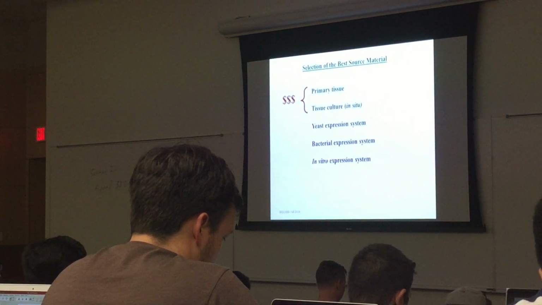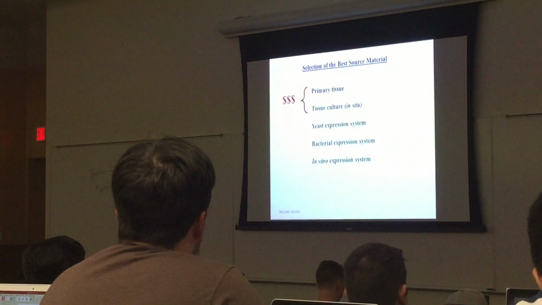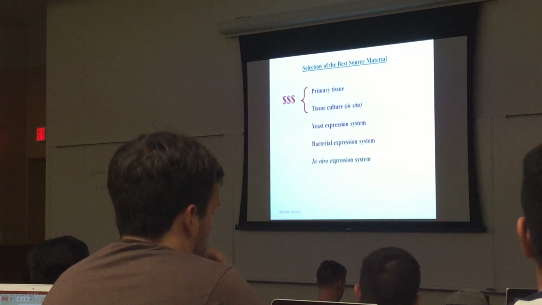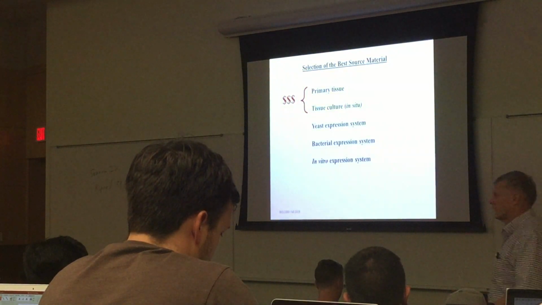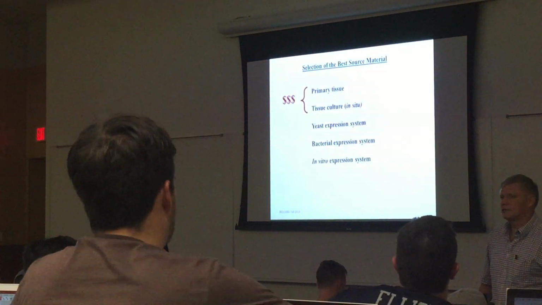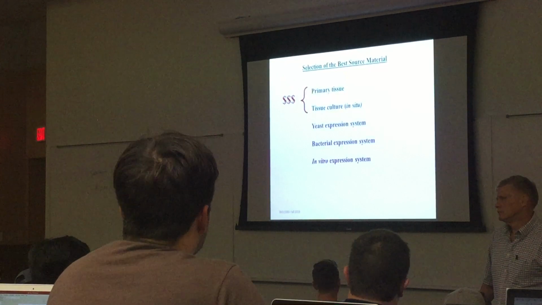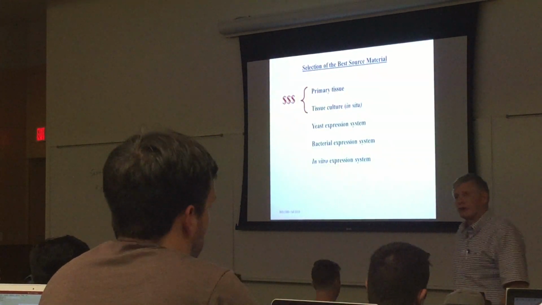Okay? The other three systems are yeast expression systems, bacterial expression systems, and in vitro expression systems. In order to use any one of those systems to purify, say, a protein involved with Alzheimer's, what do I have to have? Think back to Martin Chalfie, his paper in Science.